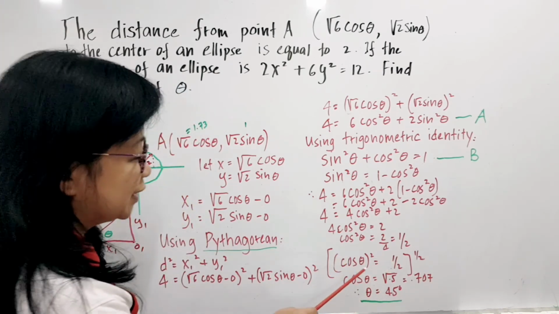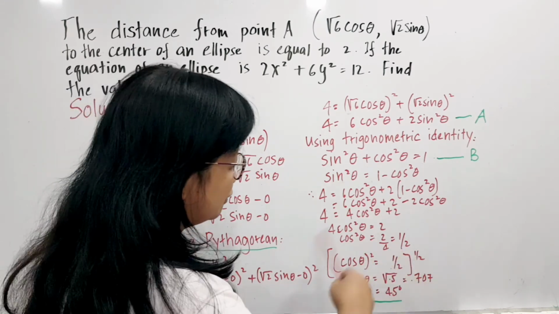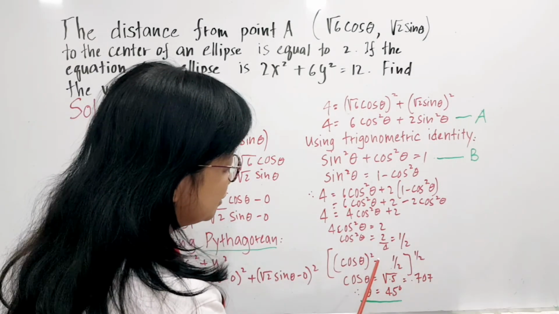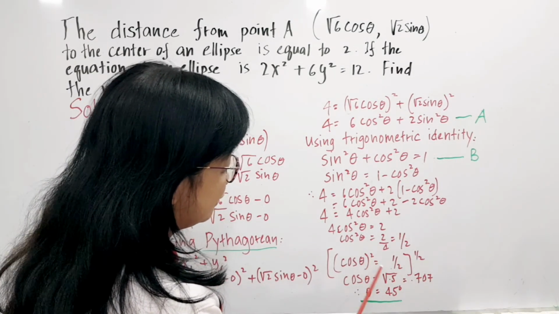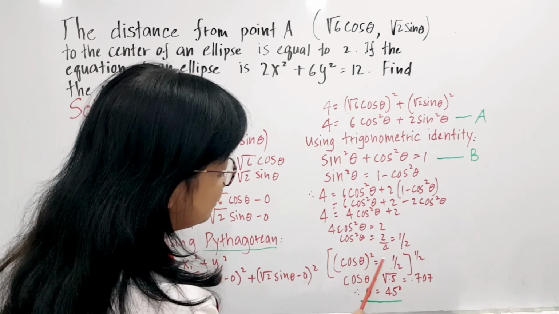Now, to get rid of this 2, we have to multiply both sides by 1 half. If you multiply the power by 1 half, 2 times 1 half will become 1.